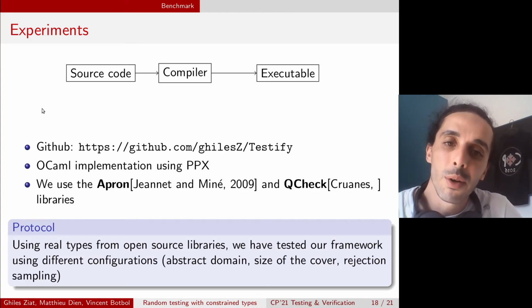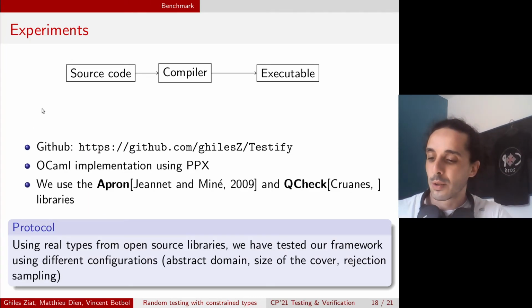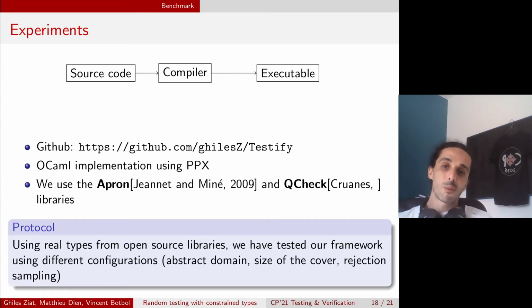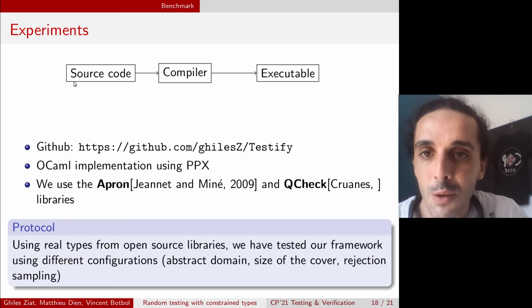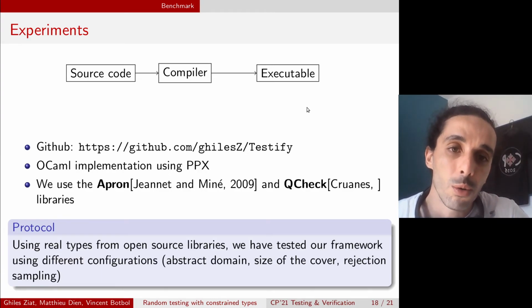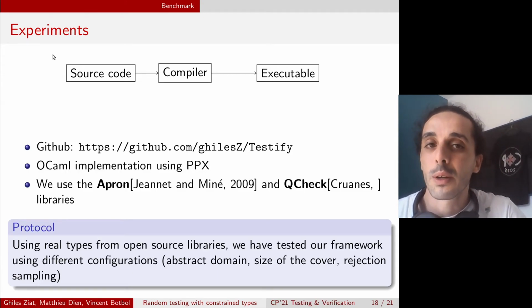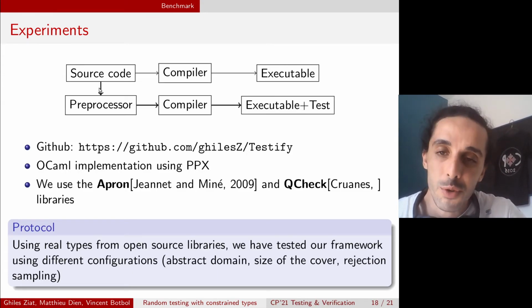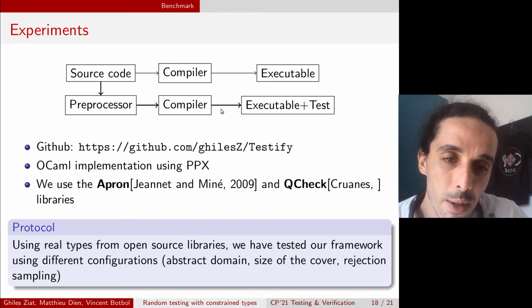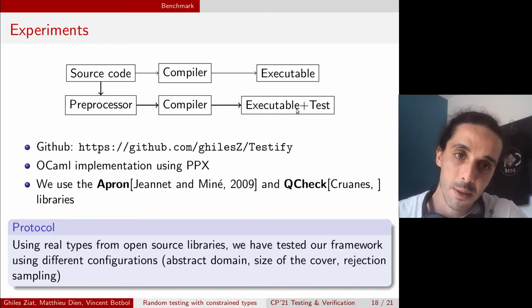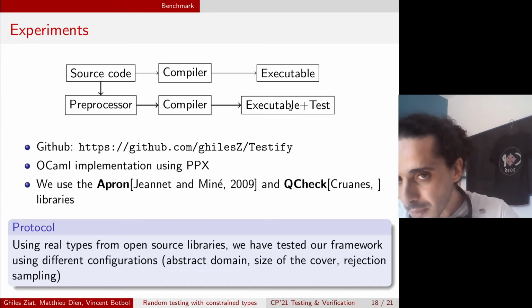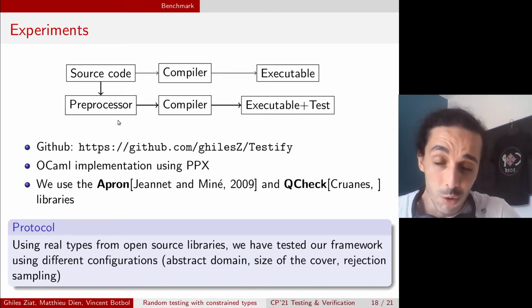We have implemented this framework as a preprocessor for OCaml. This means that when you compile your code to produce an executable, you can first give it to a preprocessor and then compile it, which will produce both the executable and the test, using the same source code.